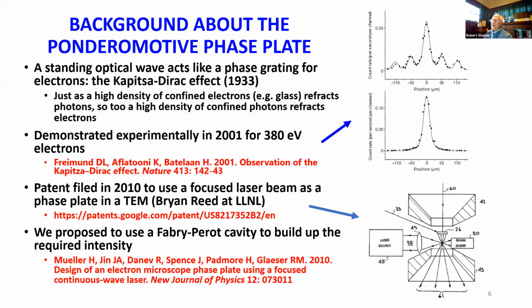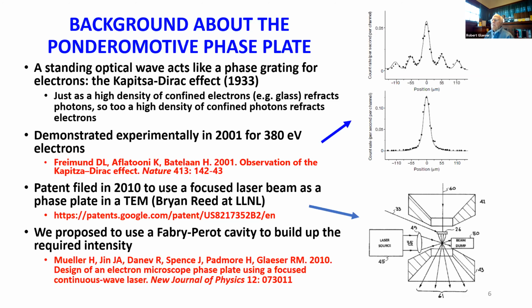So the experimental demonstration used very low energy electrons. A patent was filed in 2010 by Brian Reed, who was then at Livermore, where they have lasers that are very, very powerful. And he could pack a lot of photons in one space, one small focused spot.